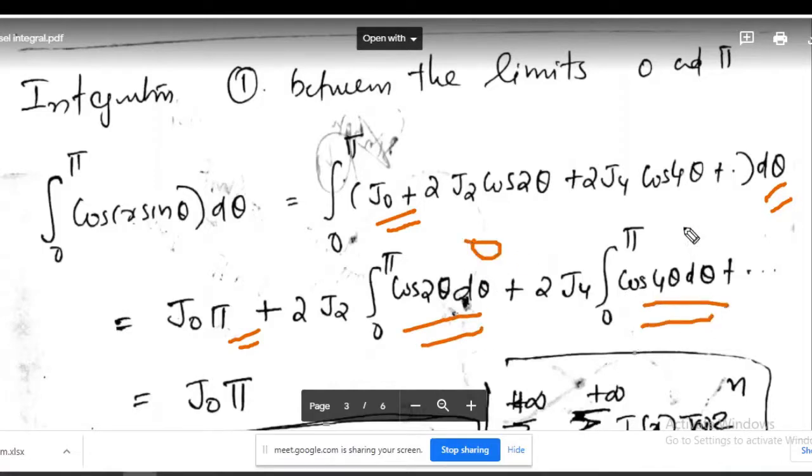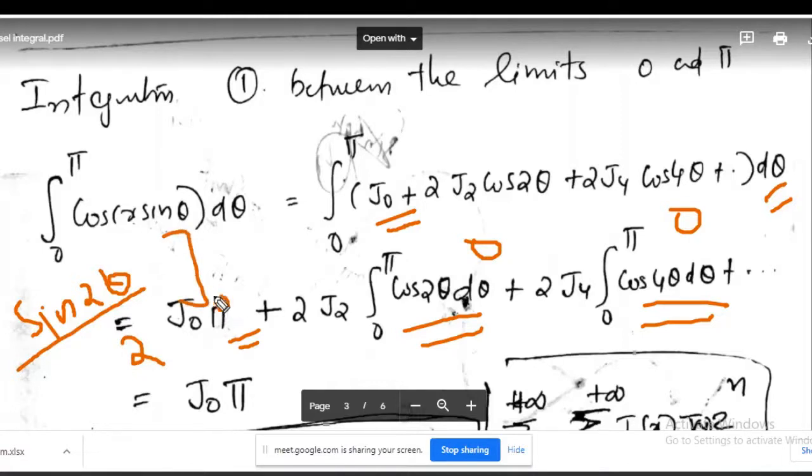Because when you integrate cos 2 theta, you will be getting sin 2 theta by 2, and you apply the limits 0 to pi.